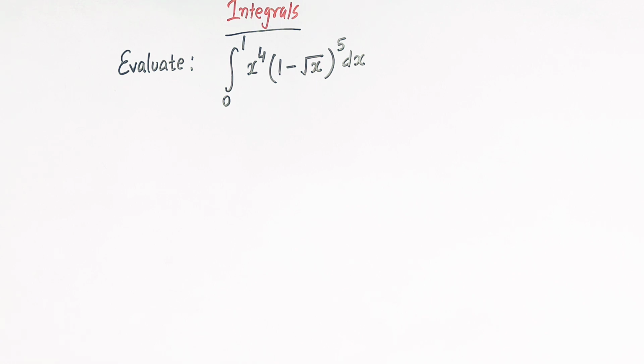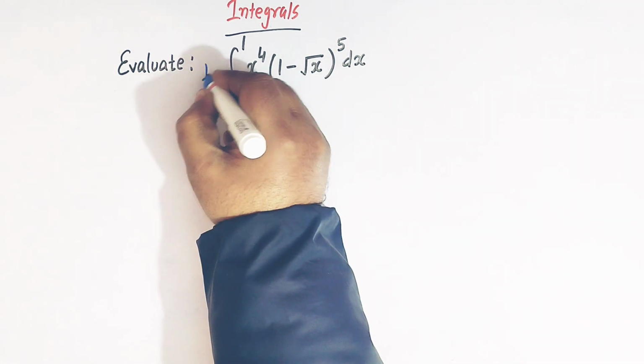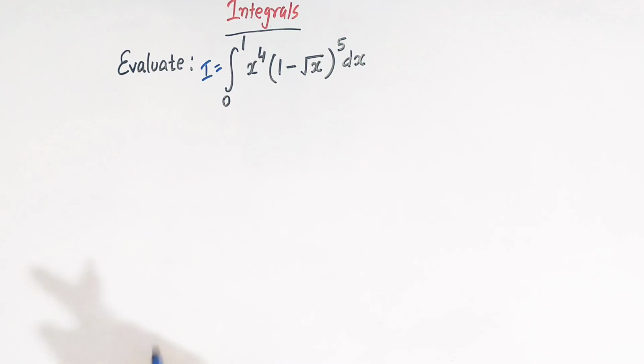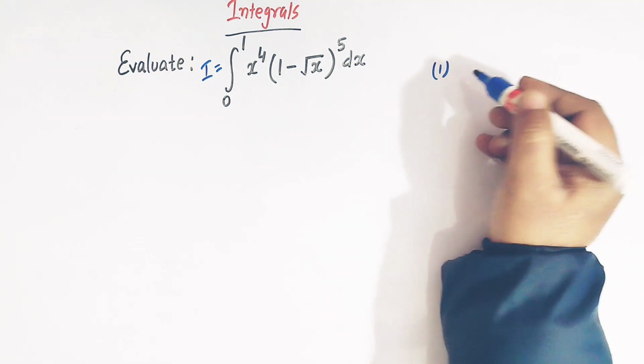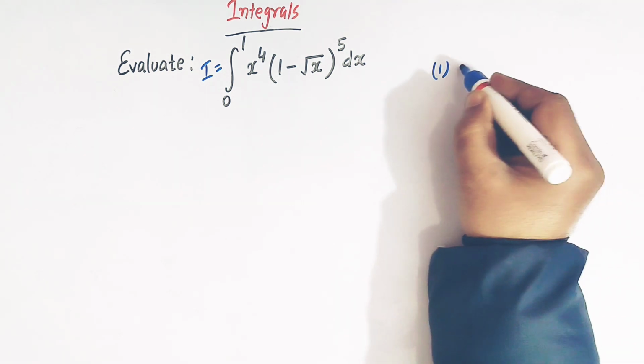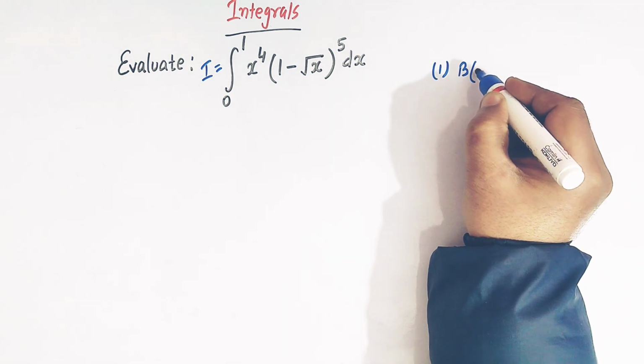So let us first write the results which are going to be used while solving this integral. Here first we'll take this integral as I, and we'll make use of the method of substitution. The first important result that shall be used is the definition of beta function.